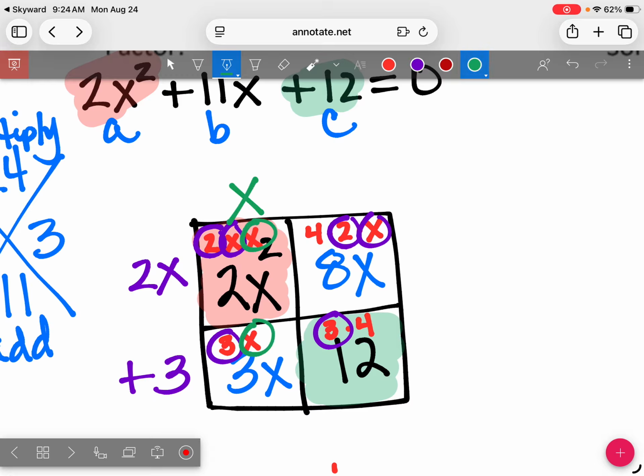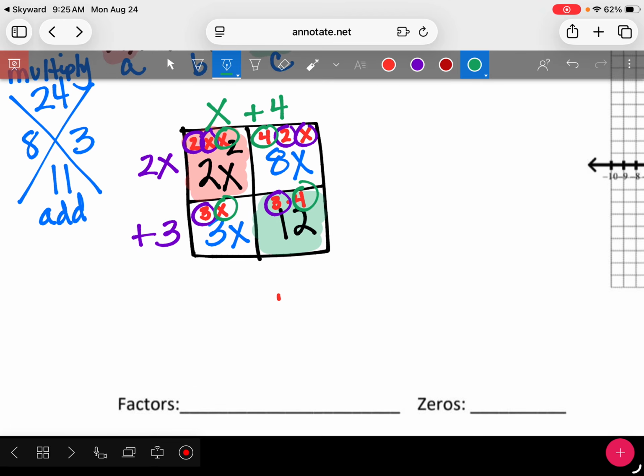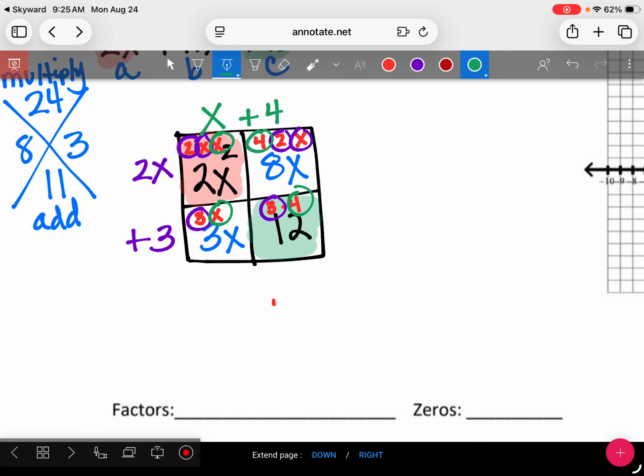That's going to go up here, and a 4. So my factors become 2x plus 3 times x plus 4. All right, set those equal to 0.